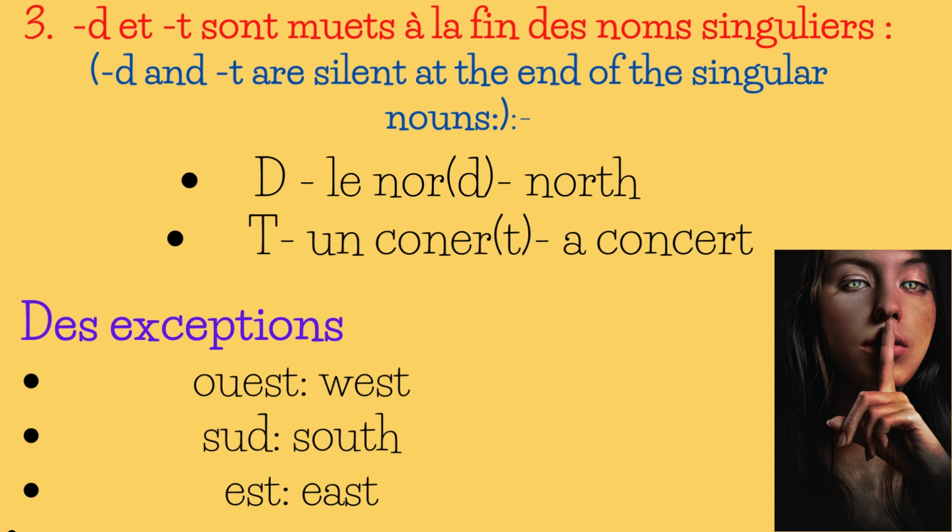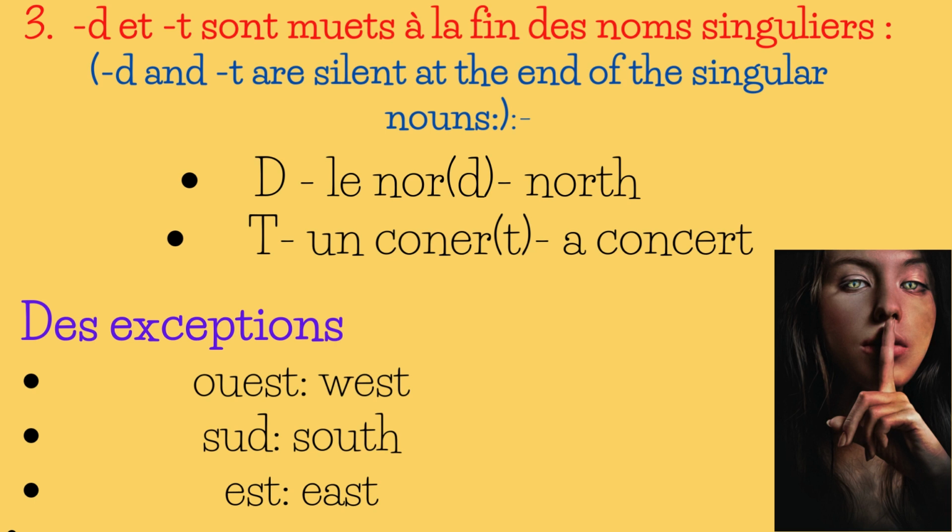But there are some exceptions. Des exceptions. Even when I pronounce the word exceptions, you can hear that I don't pronounce the letter S. For example, the exceptions are ouest, which means west. Sud, which means south.